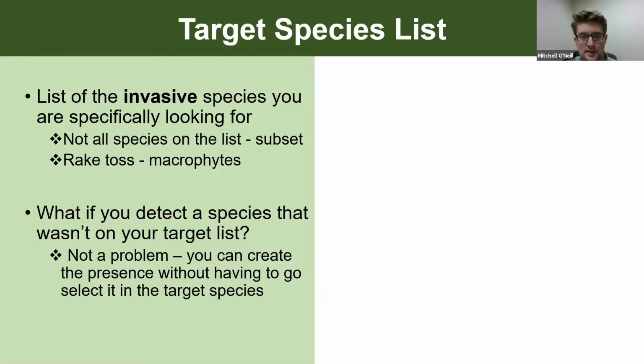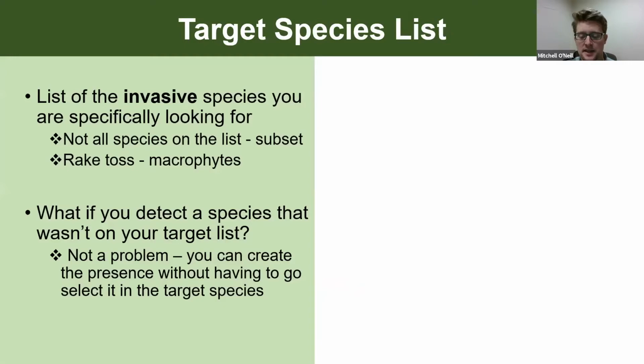Just to go into more detail about that, there's probably like 50 species on that list to choose from. Even if you're familiar with all of those species, generally we would say that your target species list is not going to be that entire list. It's going to be a subset. For people new to aquatic surveys, it might be 5 species. For people more experienced, it could be 20 species.